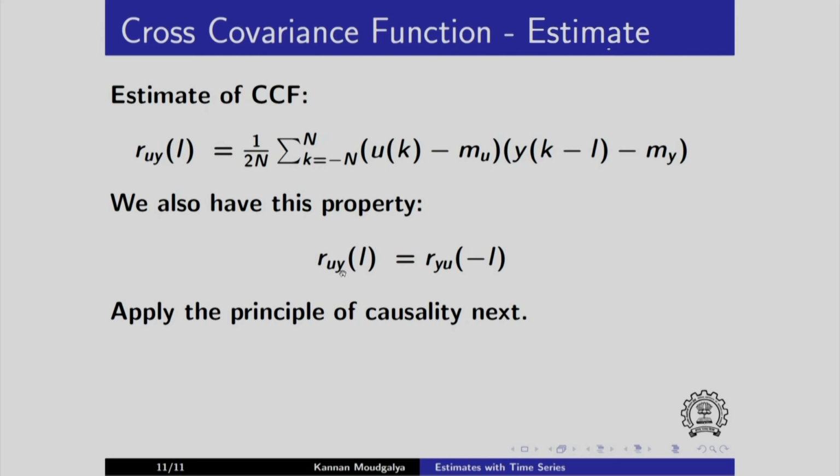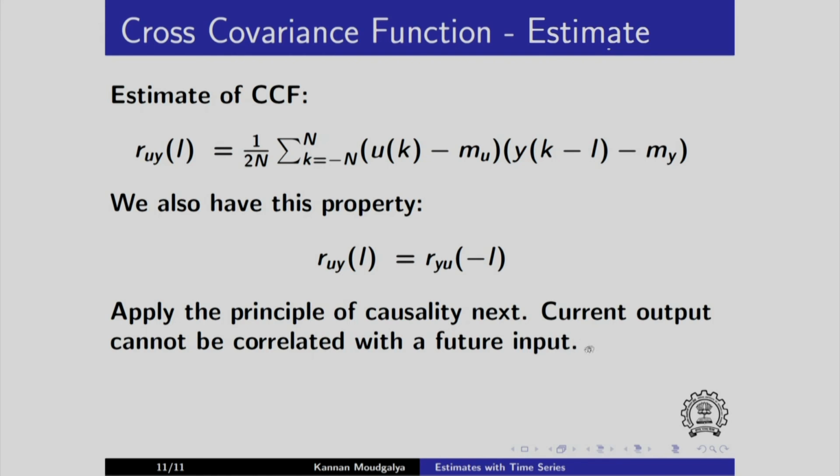If you take the index of y to be the current time, then because the index of u is larger, this will refer to future time. So this would mean: what is the impact of the future input on the current y? As a result we see that this will be equal to 0, because the current output cannot be dependent on a future input.